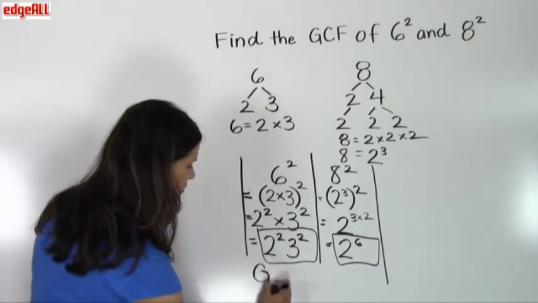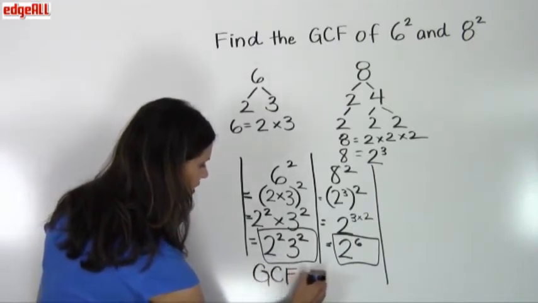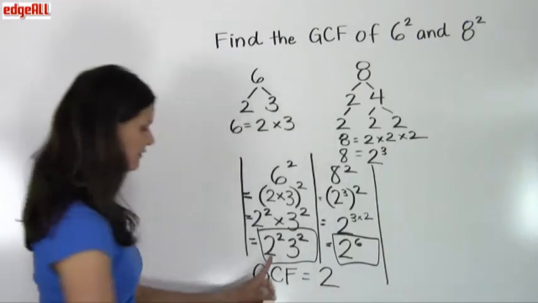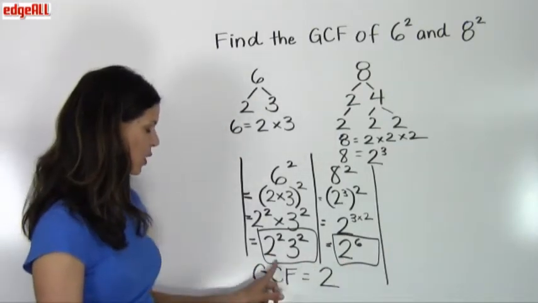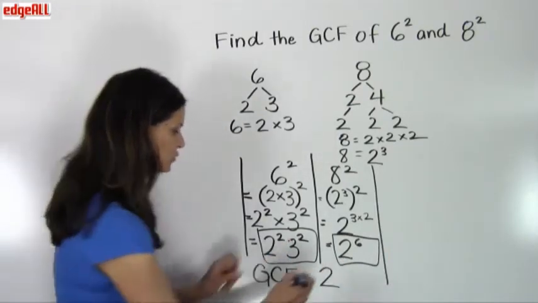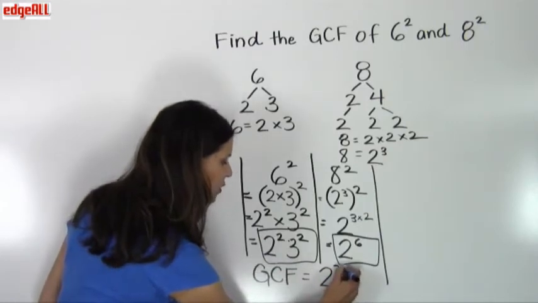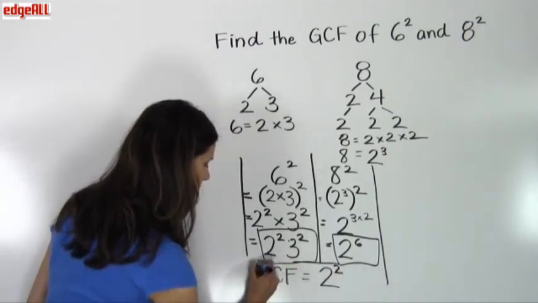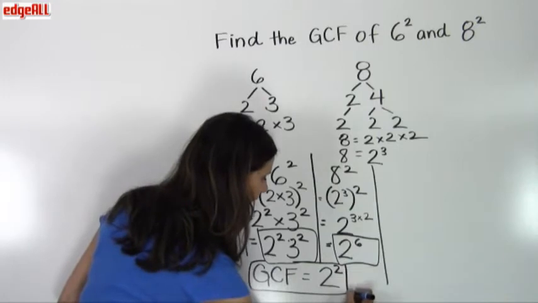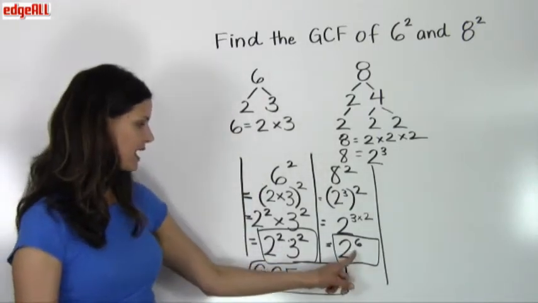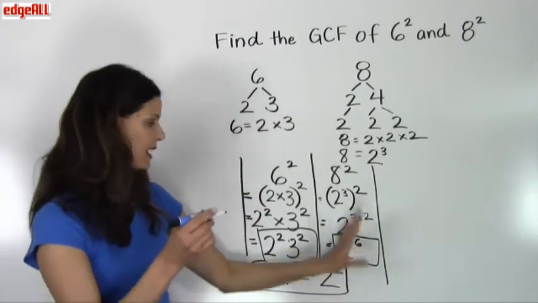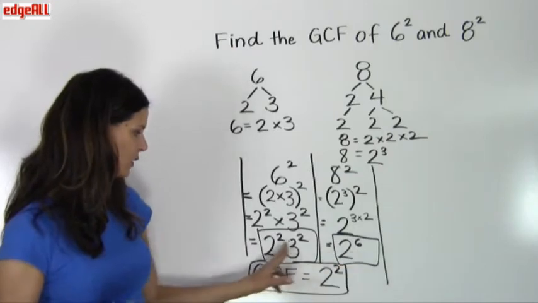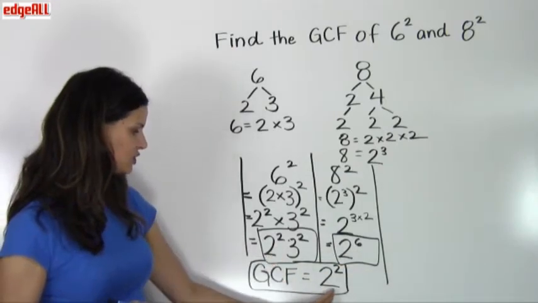So to find the greatest common factor, I take the prime number that they both have in common, raised to the number of powers that they both have in common. So they both have 2 2's. This one has 4 more 2's, but I'm not going to worry about those because the only thing that they share is 2 2's.